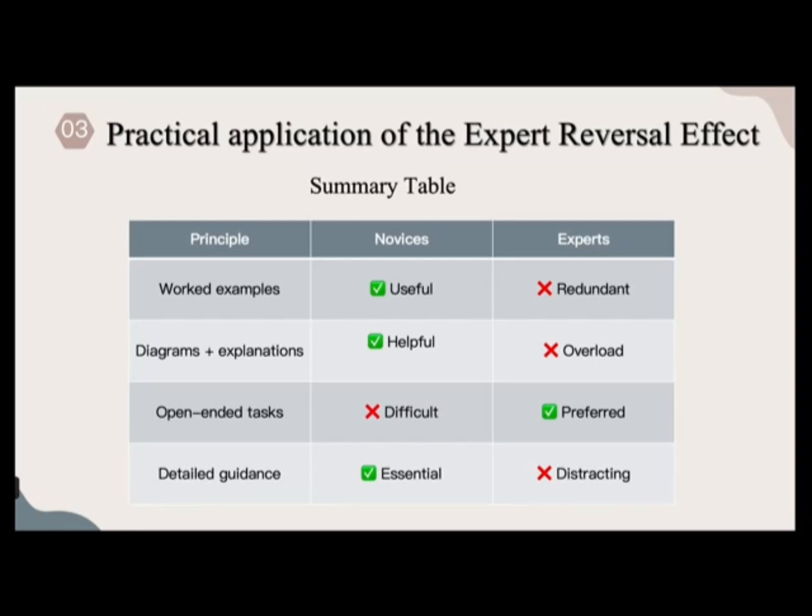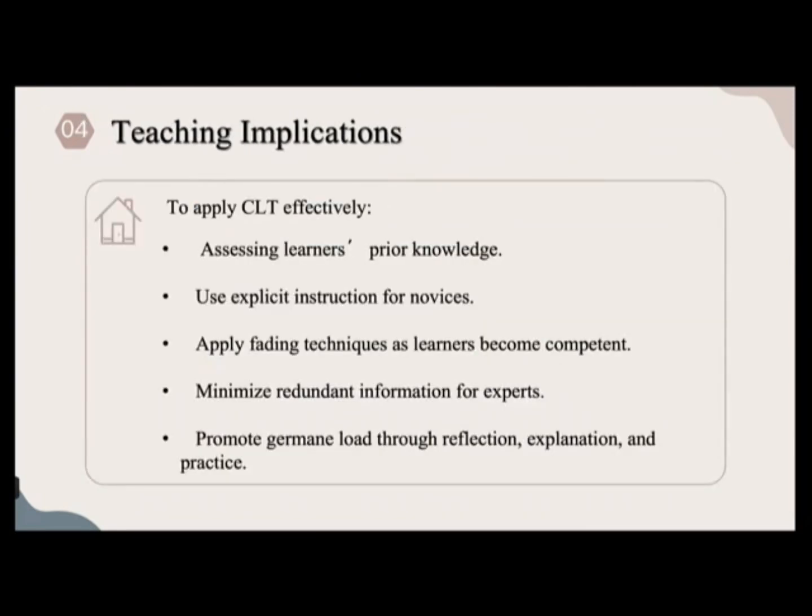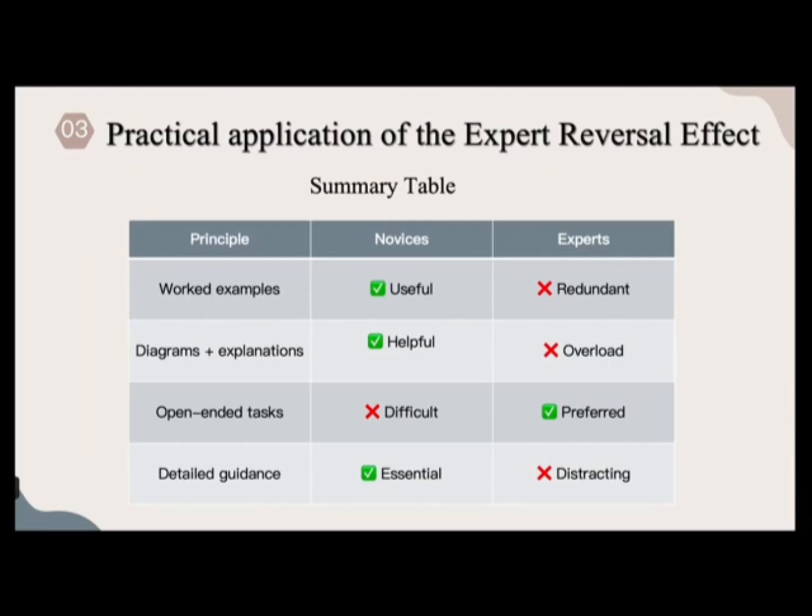Diagrams and explanations help novices but may overload experts. Open-ended tasks are too difficult for novices, preferred by experts. Detailed guidance is essential for novices and distracting for experts. So in short, effective teaching must match the learner's cognitive stage.